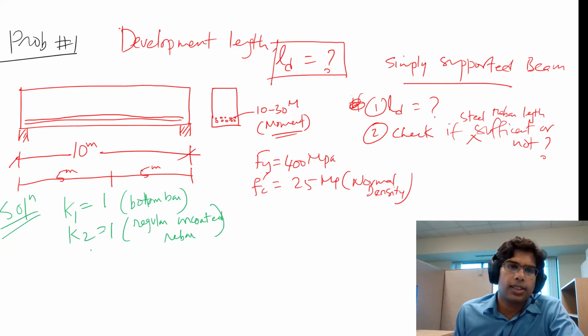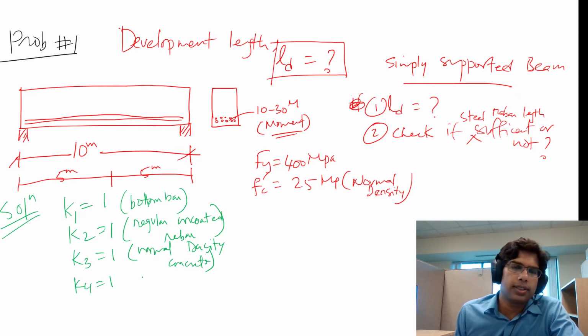And we can also say that the K3 value is 1 because it's normal density concrete. We can also say K4 is equal to 1 because of the bar size.